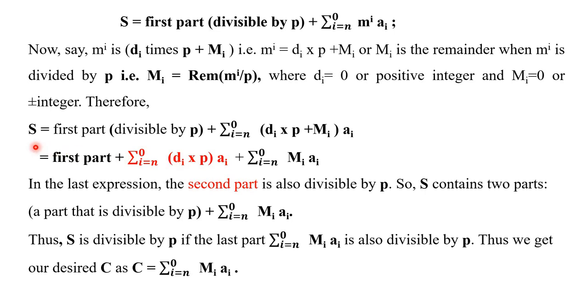So S would be divisible, and it requires that the sum of m_i a_i is divisible. And that is exactly the demand of our strategy, that C must be such that if this is divisible, then all the three parts are divisible. That means S is. So that's how we get the mathematical rationale behind our strategy to find the C part from S.